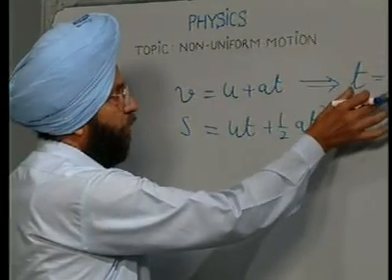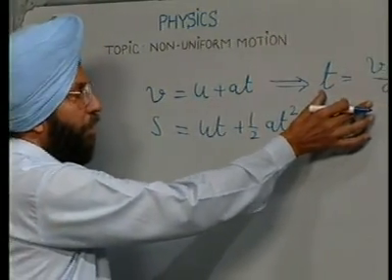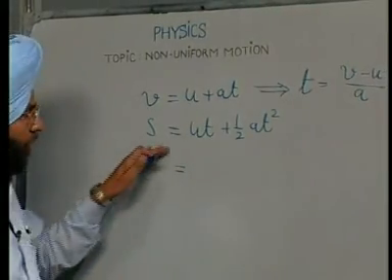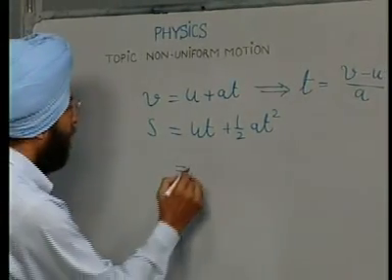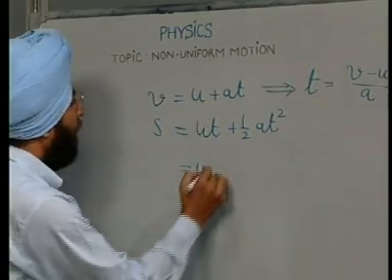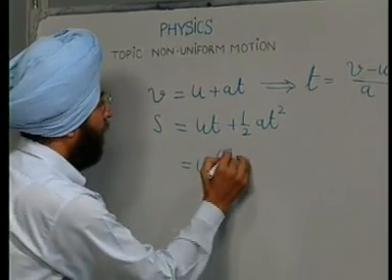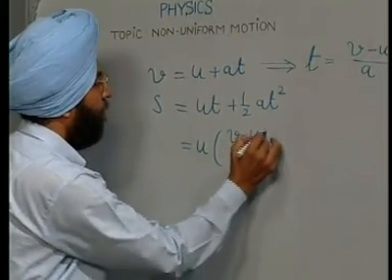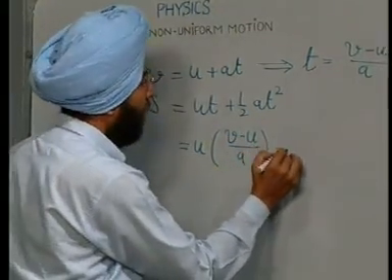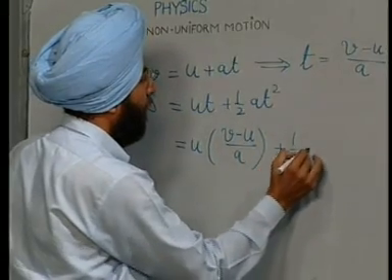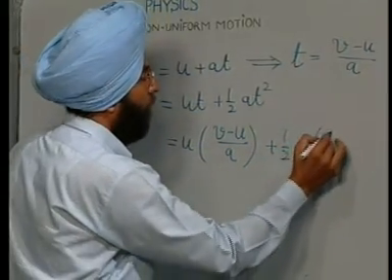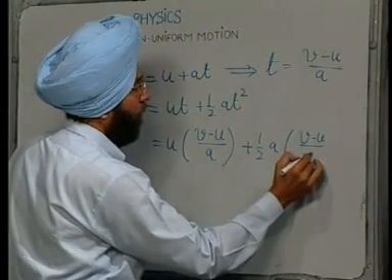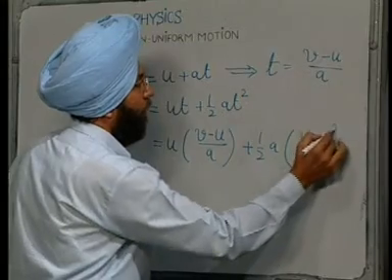For that purpose, we find the value of t from one equation and substitute this in s is equal to u t plus half a t square. U into t, t is v minus u over a, plus half a into v minus u over a whole square.